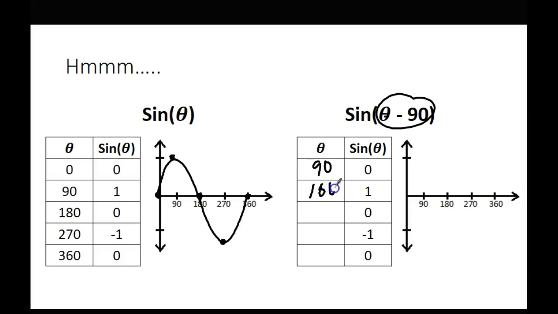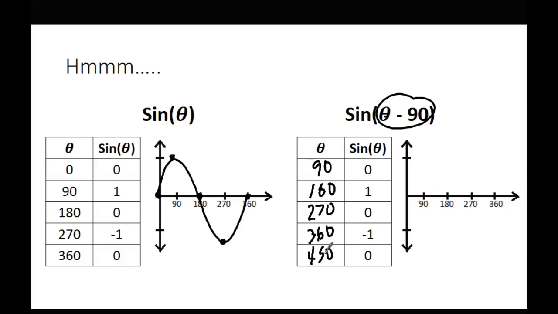Okay, so all the numbers are going to be how much now? You add 90 to each one of these, right? And that's because we're subtracting 90 from it afterwards, right? So this is going to be 270, 360, and probably like 450.